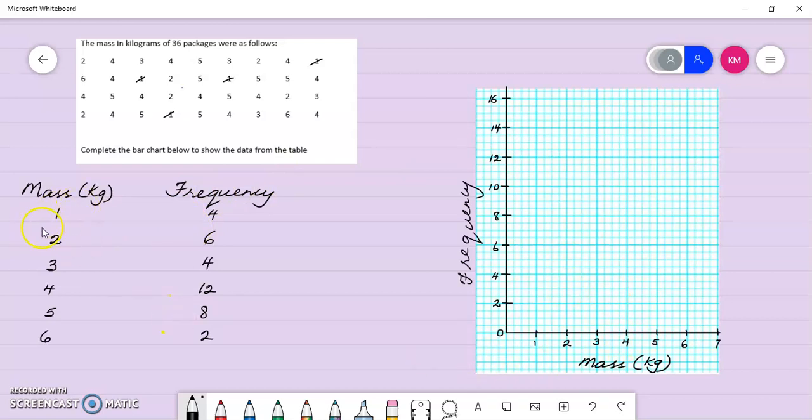So my first mass is 1, and that occurs 4 times. So at 1 there, I need to draw a bar that goes up to 4. Goes across, comes down.